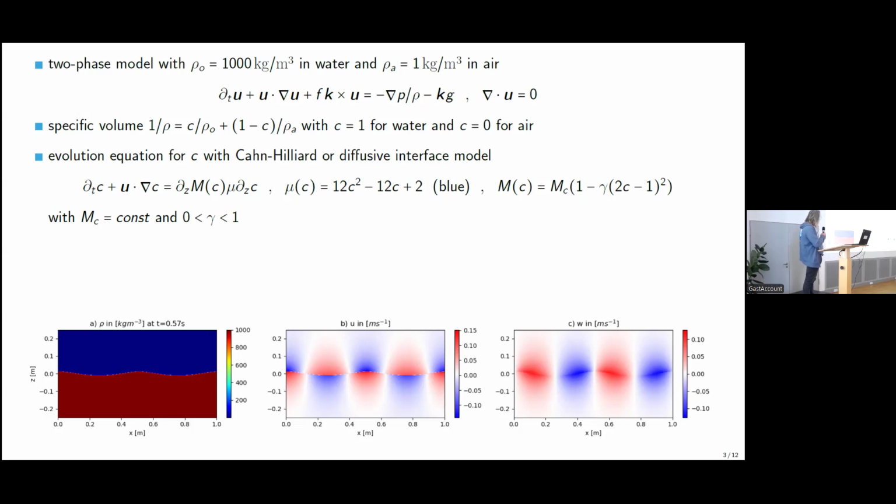The model is initialized with the linear wave solution in U and in W here. You see these orbital motions. This is an interface with some small but not too small elevation amplitude and orbital motions. You see here in the water and in the air phase, the amplitude is the same, but U has a phase shift between air and sea.